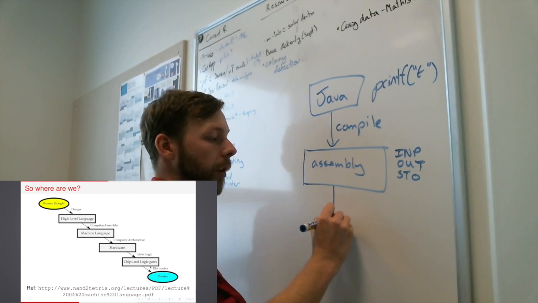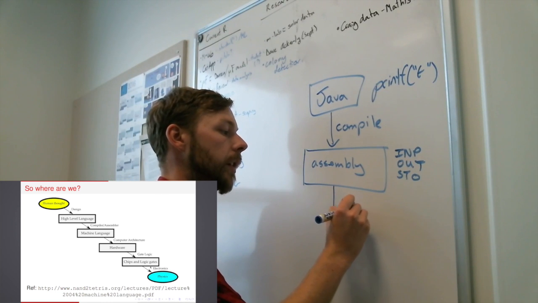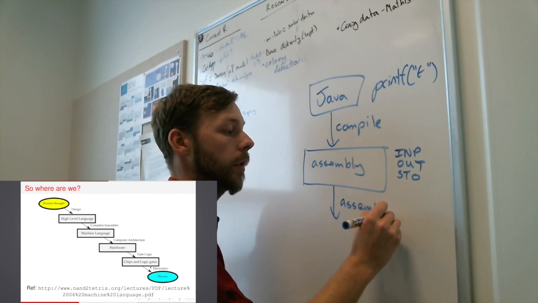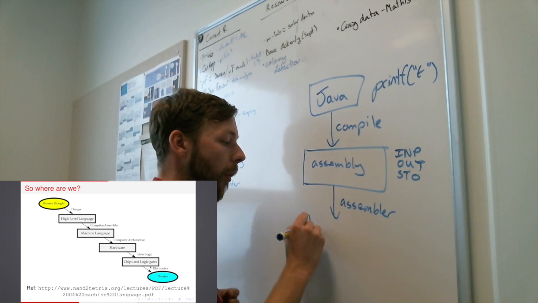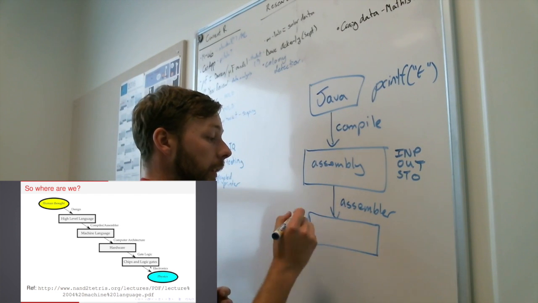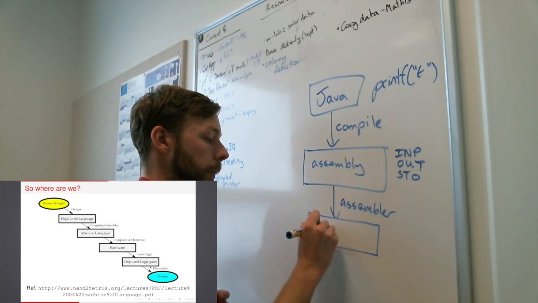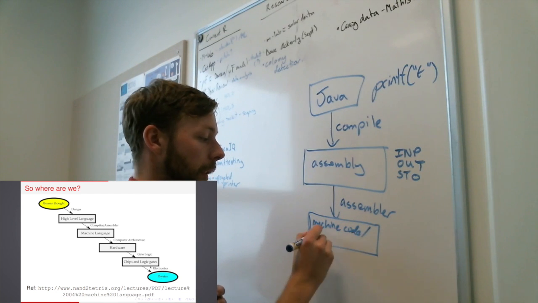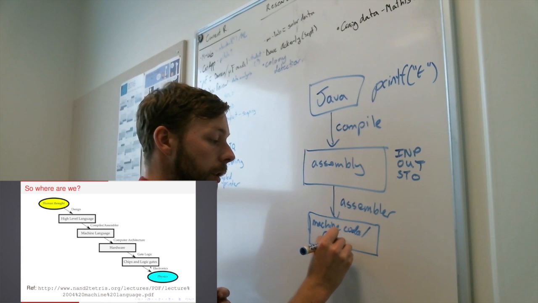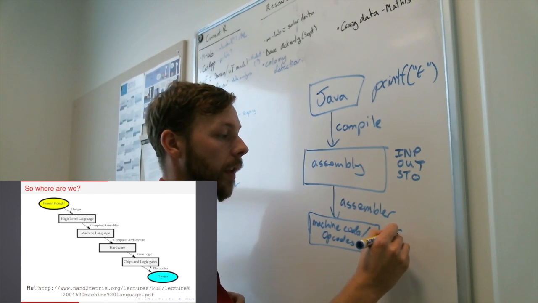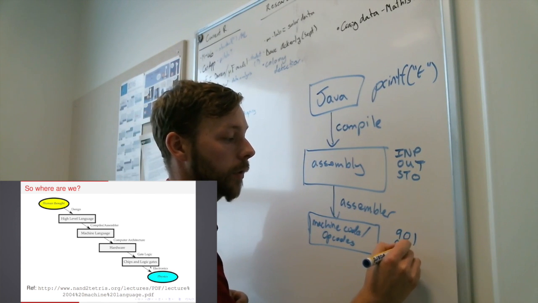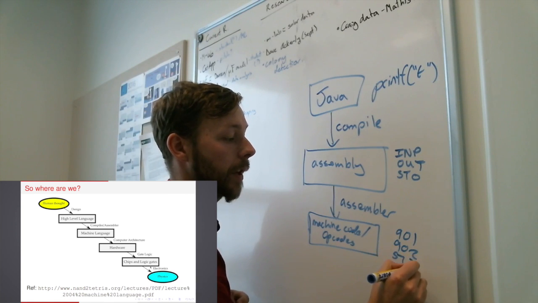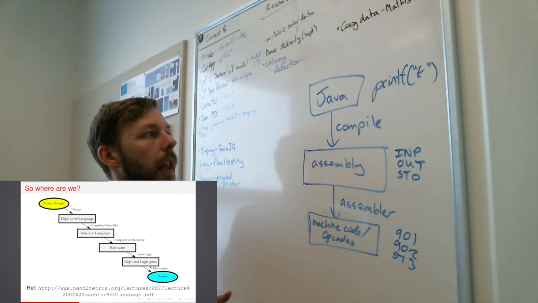That gets further converted by something called the assembler, and that is what finally gets turned into executable machine code. Another name for that is opcodes, operational codes, and those are the 901, 902, 513 kind of things that we've been talking about in the last lecture.